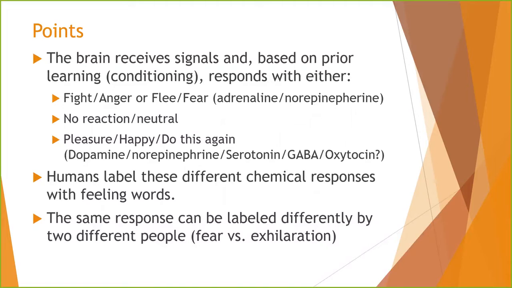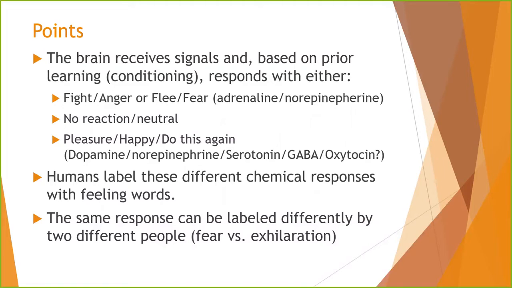My point with this will become clear in a minute. The same responses can be labeled differently by two different people. Fear versus exhilaration. Think about going into a lecture hall. You have been hired to lecture to a crowd of 150 people. Now, two people are going in there, and you're both excreting high levels of adrenaline. But the person who is labeling it as exhilarating is also excreting dopamine.